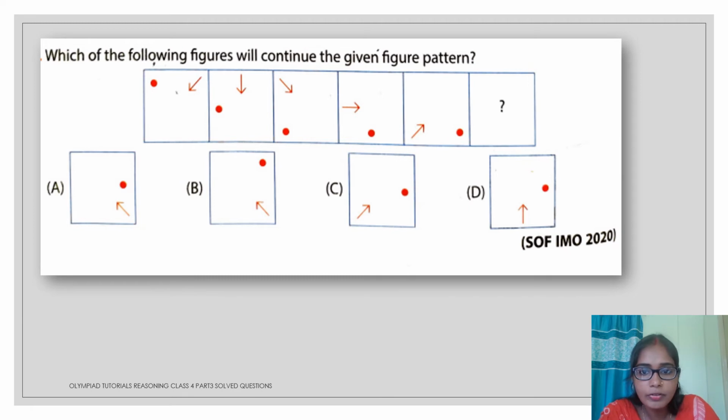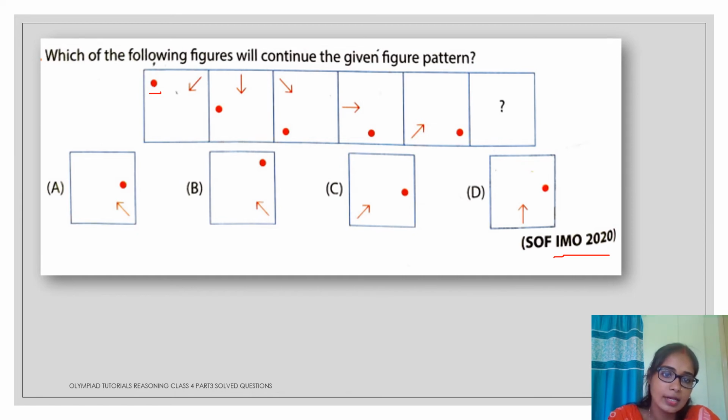Here you have a figure pattern, and this question was also asked in the Math Olympiad of 2020. Now here you have a dot and an arrow, and you have to carefully observe the picture and then you can figure out what will be your answer. Here if you consider the position of this dot, it is moving in the anti-clockwise direction.